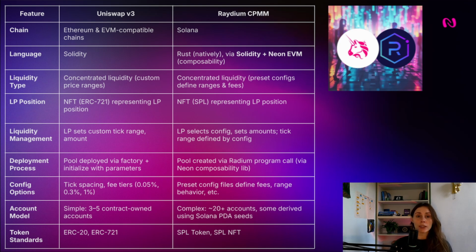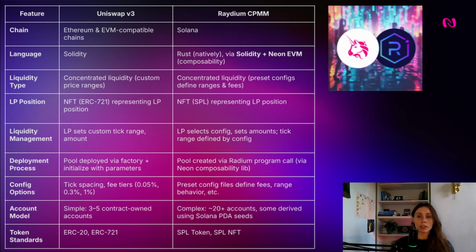Now, if we look at the pool logic, in Uniswap v3, it's concentrated liquidity and custom ranges, and it makes sense to compare the Raydium CPMM pools to Uniswap v3 because they both handle concentrated liquidity.